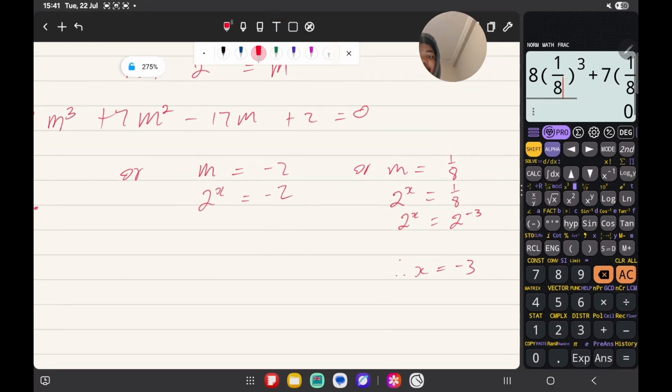But for the minus 2 one, I think the answer is no solution.